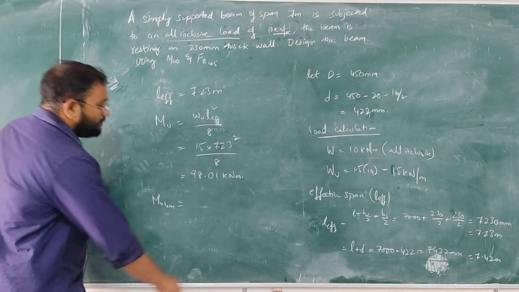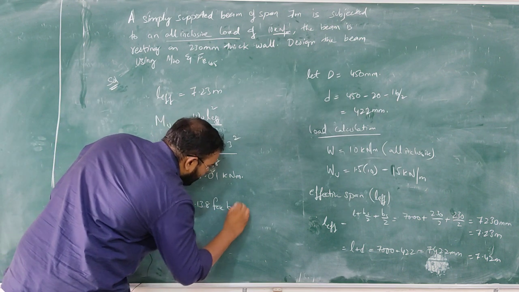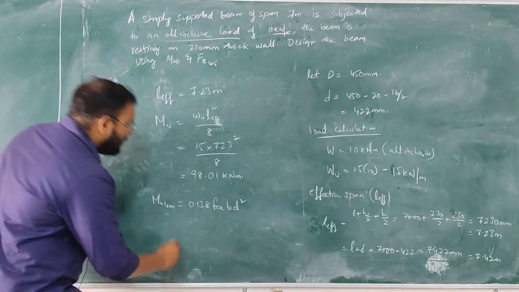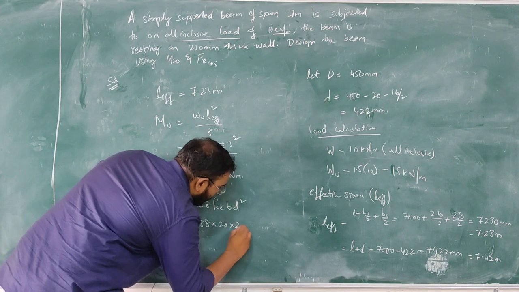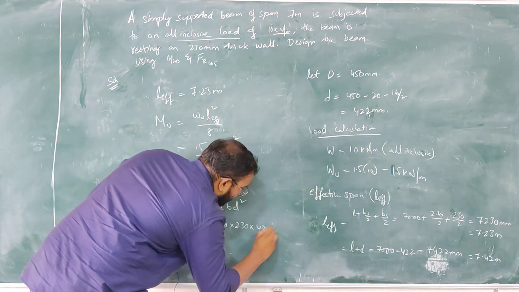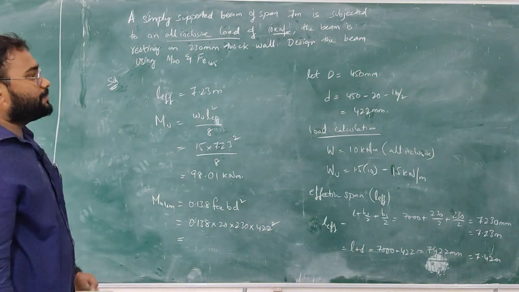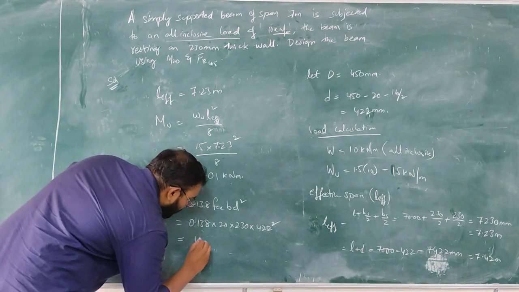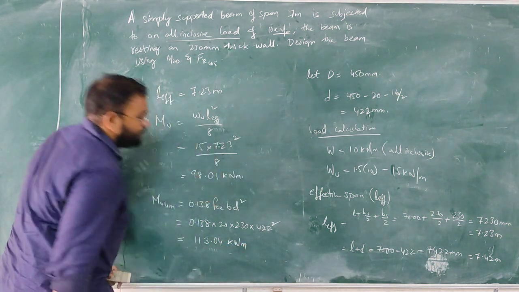Now Mu lim is 0.138 fck bd square. So this will be 0.138 into 20 into 230 multiplied by 422 square. This is how much? 113.04 kilonewton meter.